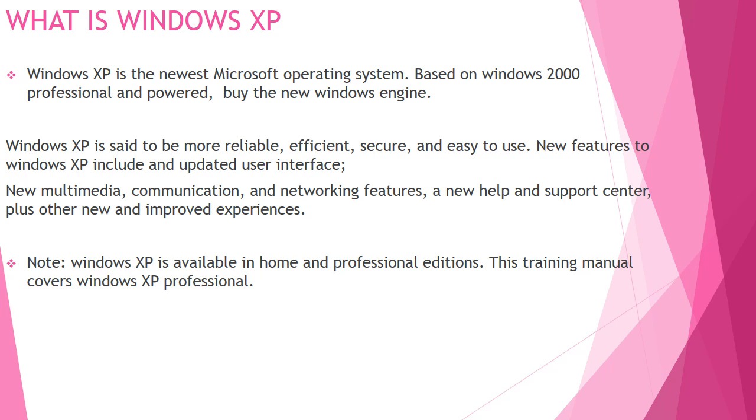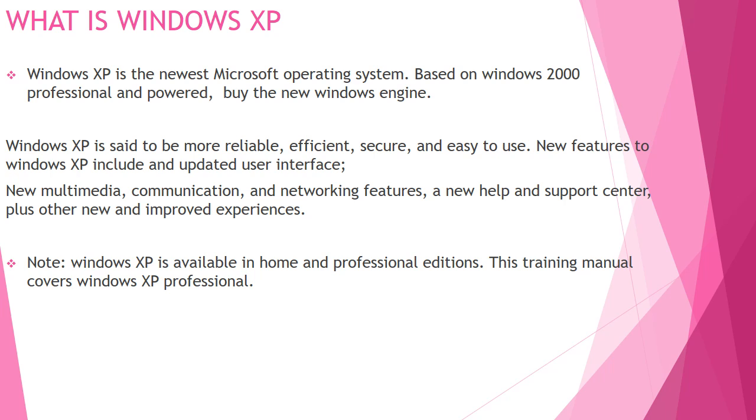So new features on Windows XP include an updated user interface. This updated user interface will allow the user to know that an error has occurred. Once an error occurs, immediately the system will update the user that there is an issue.